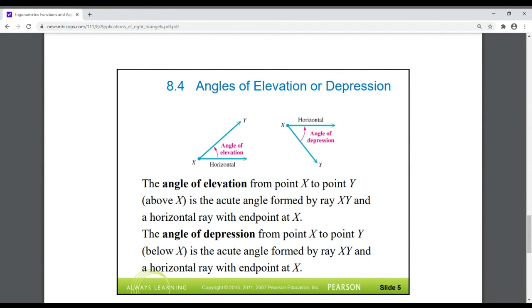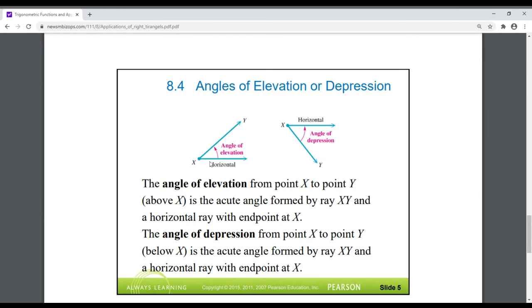An angle of elevation is from point X to point Y above X, and it's the acute angle formed by ray XY and the horizontal ray with the endpoint X. This will give you an angle of elevation. Just note with any of these angles, you have what's called a horizontal, a straight horizontal east to west type line.